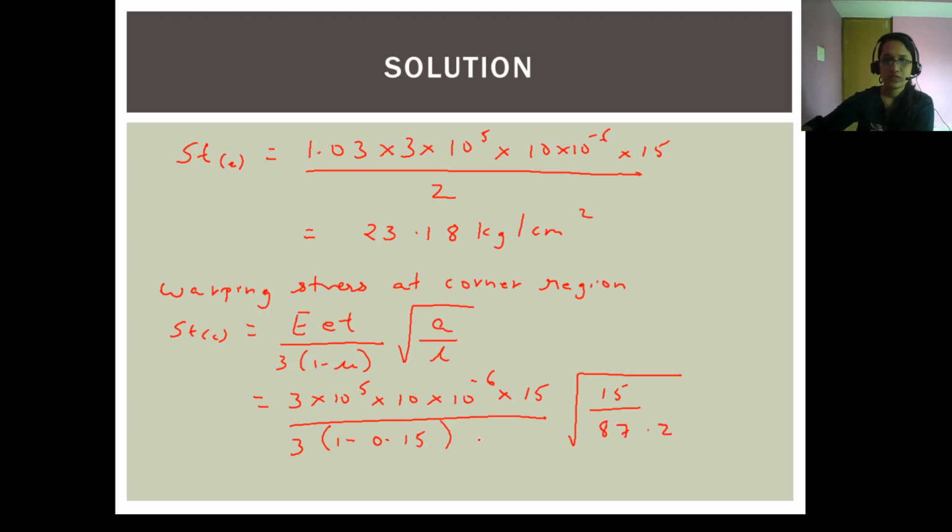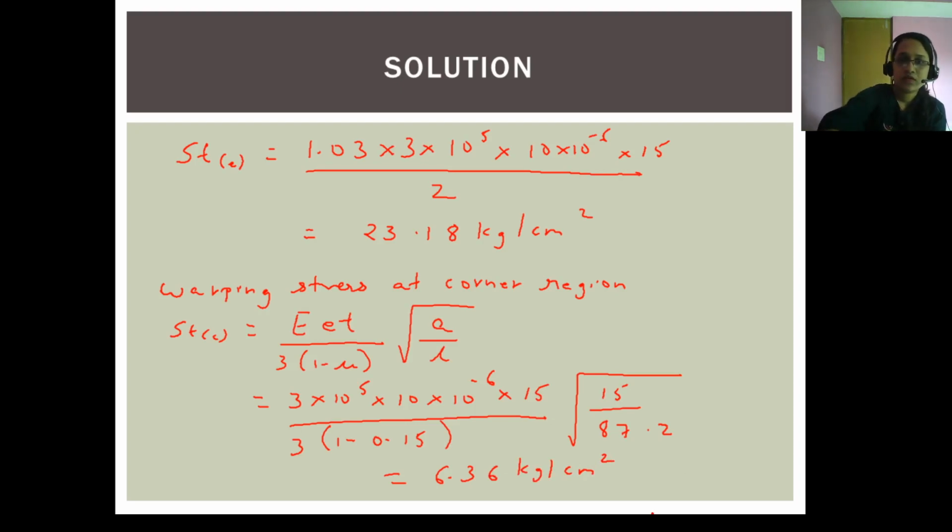So this value will work out to be 6.36 kg per centimeter square. Okay, so this is warping stress at the corner regions.